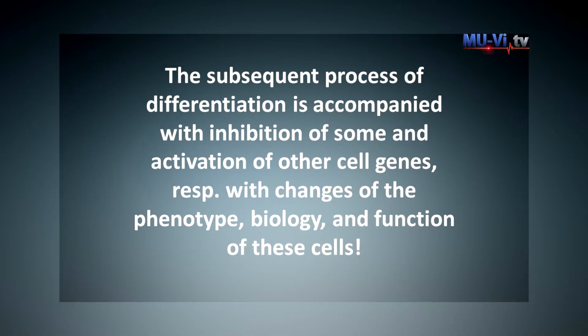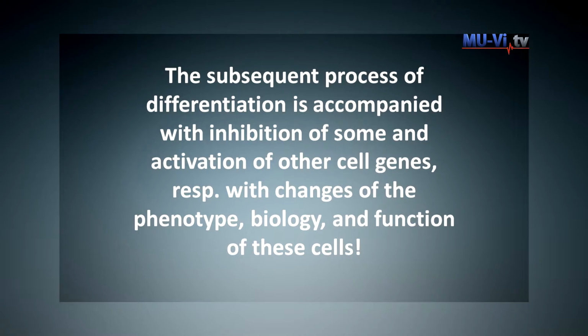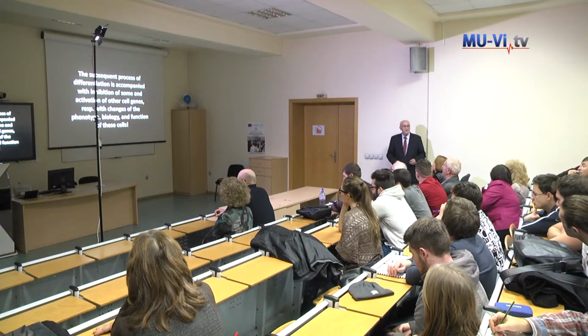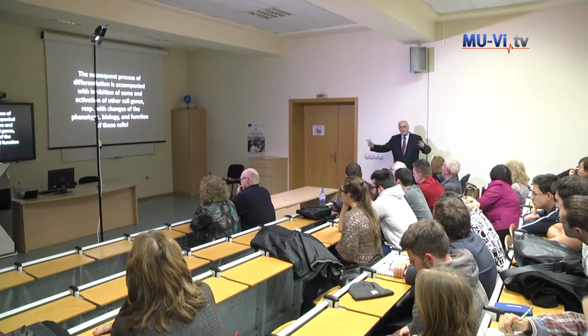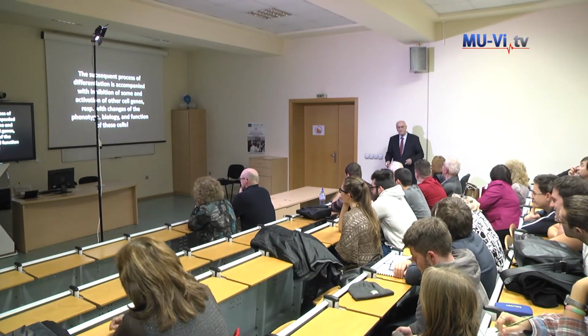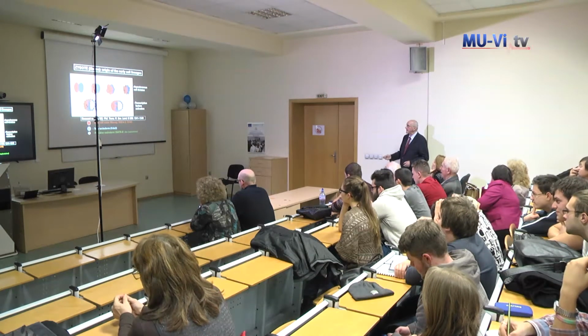That means that these cells start a process of differentiation, and this process is accompanied by inhibition of some genes and activation of others, which leads to changes of the phenotype, of the biology and the function of these cells. That means that one cell can go in another direction, and a new cell type starts.